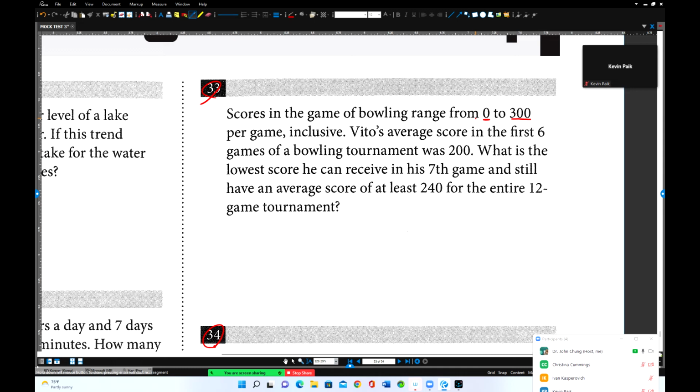Okay. Bowler's average score in the first 6 games. First 1, 2, 3, 4, 5, 6 games, he got what? 200 average. Average 200, so the sum over here, 6 games, your total is 1200 points. Okay, what is the lowest score he can receive in the 7th game over here, and still have an average score of at least 240 for the entire 12 games? 6, 7, 8, 9, 10, 11, 12 up to here.